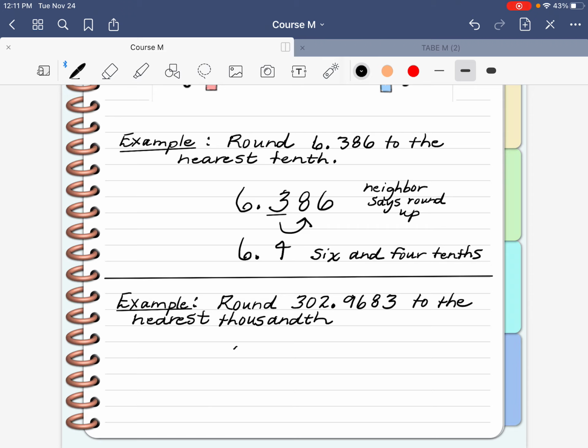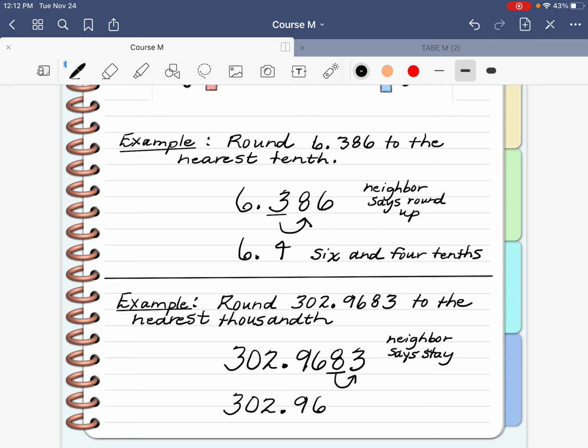So 302.9683, and the thousandth place is my place of reference. So I look back and the neighbor says stay. So I'll have 302 and 968 thousandths as my answer.